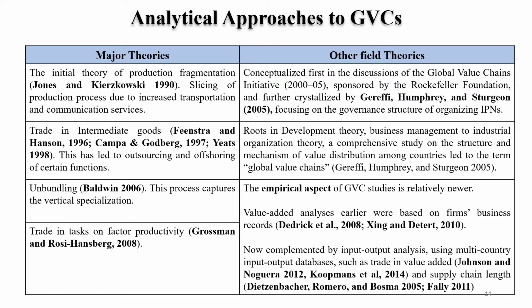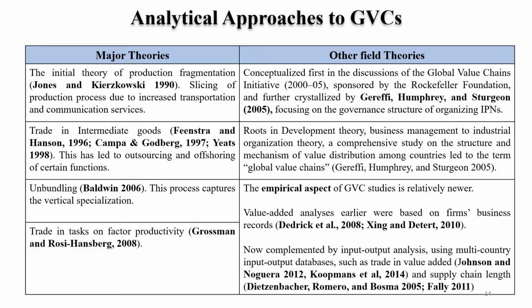Jones and Kierzkowski's 1990s paper focused on that: if you slice the production process and do it in different ways, you can take advantage of reduced transportation and communication costs connecting different locations. The work of Feenstra, Hanson, Campa and Goldberg, Yeats, focused on trade in intermediate goods.